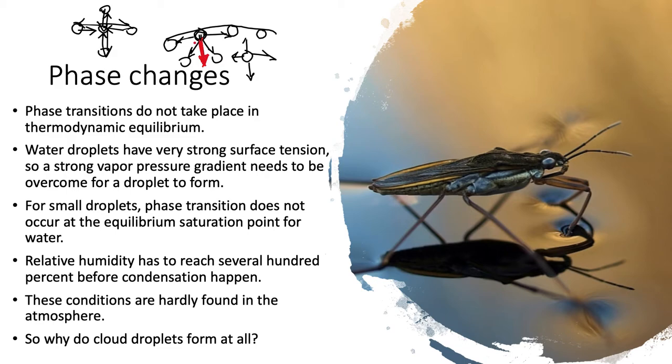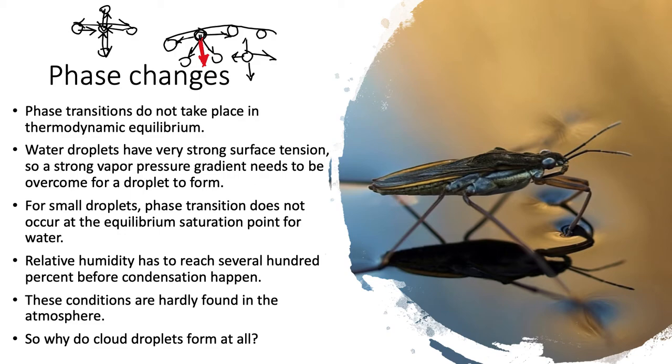So this is what the surface tension is, essentially: the molecules at the edge are only pulled inward, and they don't have anyone to counterbalance this inward force. And that's why the droplet kind of sticks together, right?